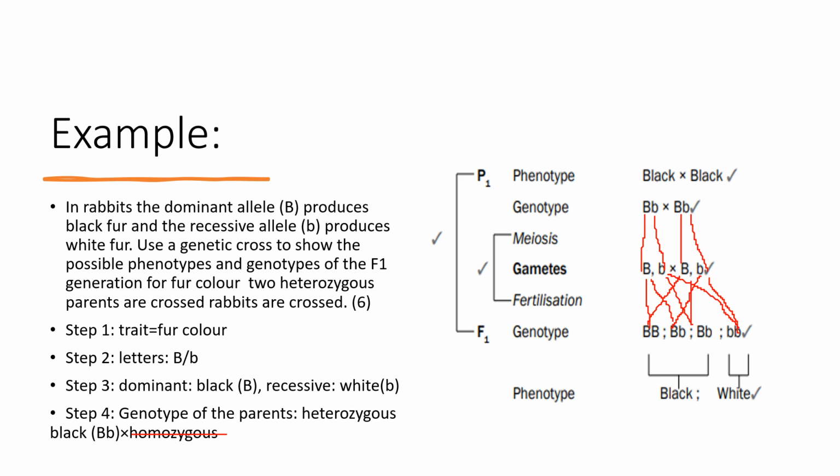Then looking at our genotypes, you can see that we have three offspring with black fur color and one offspring with white fur color. So that is just what is written here.